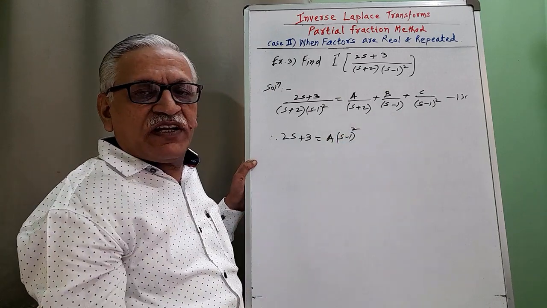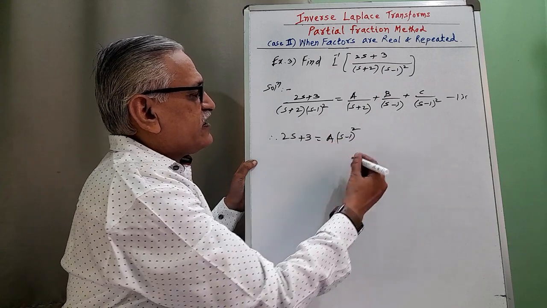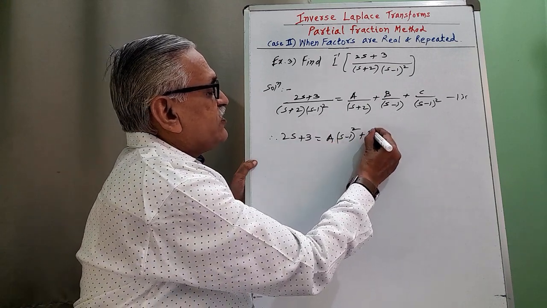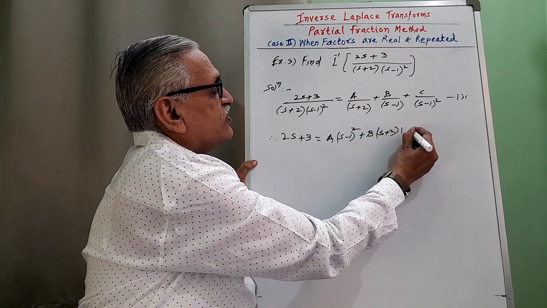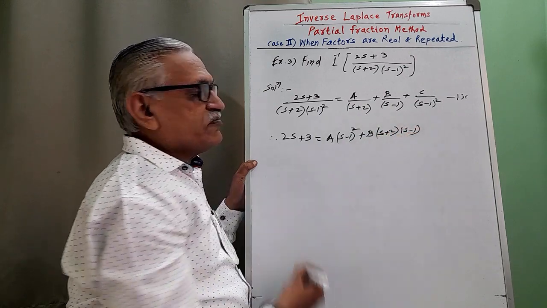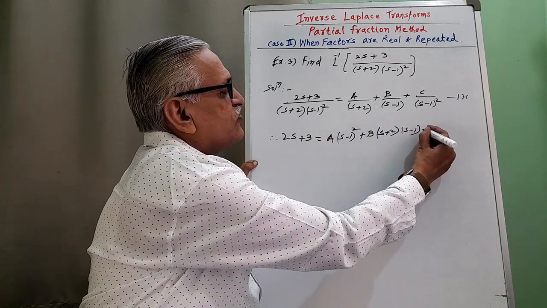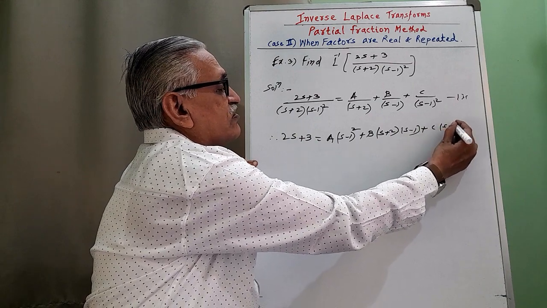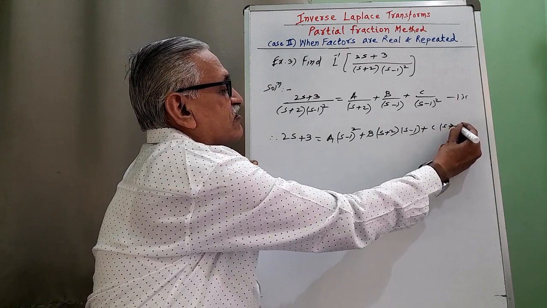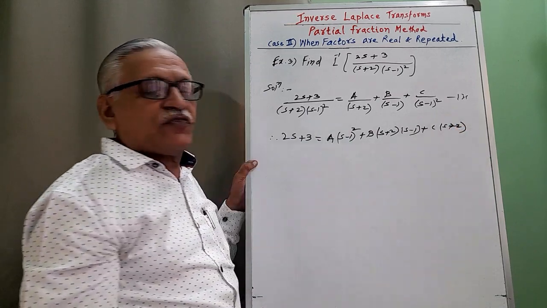Therefore a into (s minus 1) whole square. Dividing by s minus 1, the s minus 1 factors get cancelled, we get b into (s plus 2) into (s minus 1). Dividing, this gets cancelled, therefore c into (s plus 2).